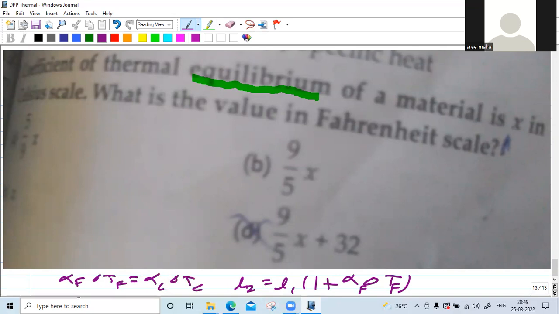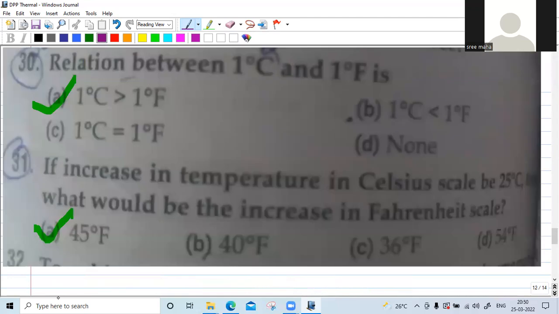So alpha F into 1. Okay, I'll come back to this later.